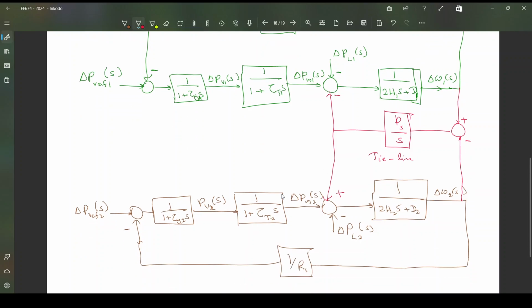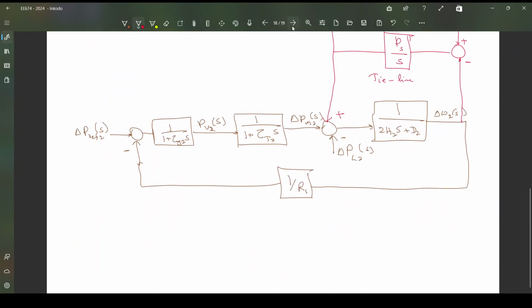Okay, so let's consider a load change in area 1, just to see what's happening. So a load change delta PL1 in area 1.